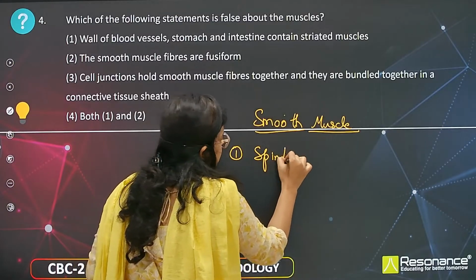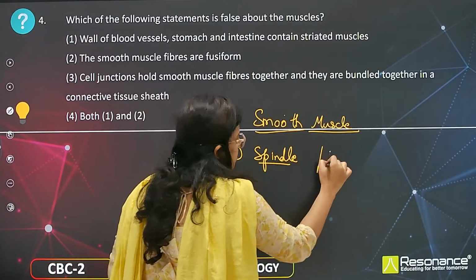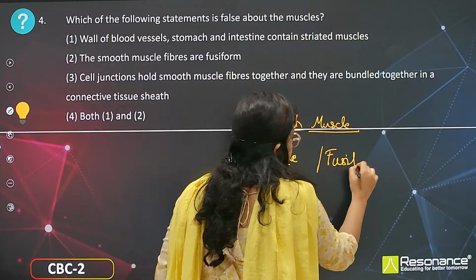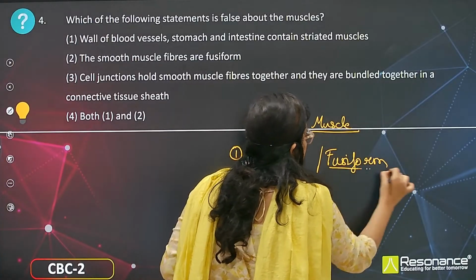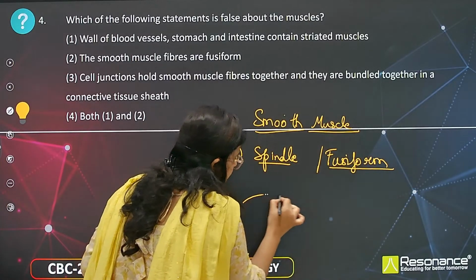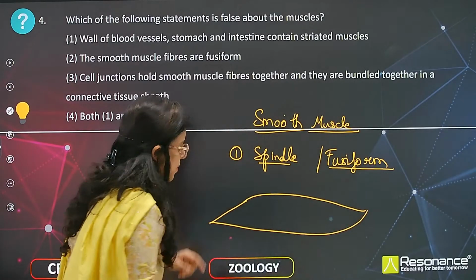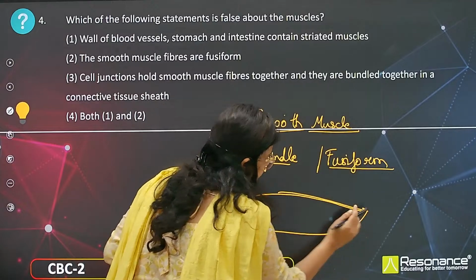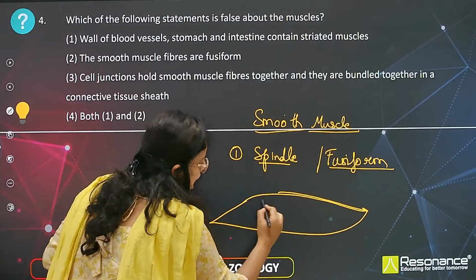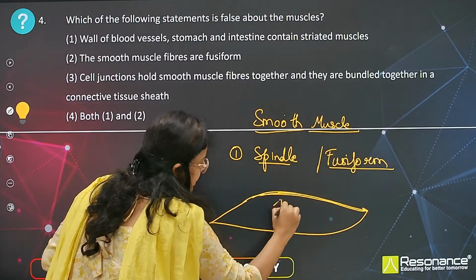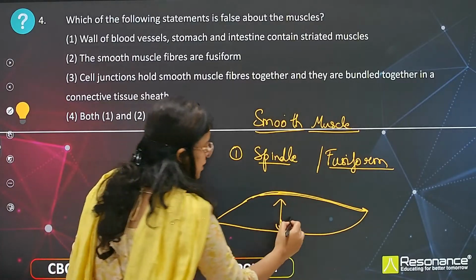So here fusiform means the shape of the muscle fibers are tapering at the end. Tapering can be seen at the end, and the central part is wide, and they are uninucleate.